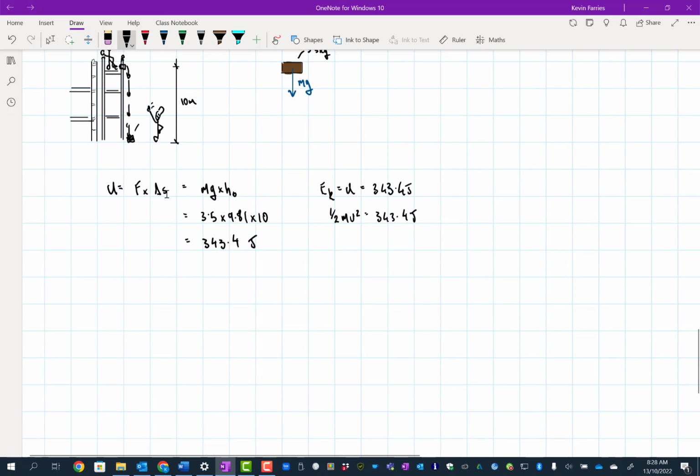And so therefore we get v squared is equal to 2 times 343.4 divided by the mass, 3.5. I'm multiplying by 2 to get rid of the half, and dividing by the mass. Therefore v is going to be equal to the square root of all that.